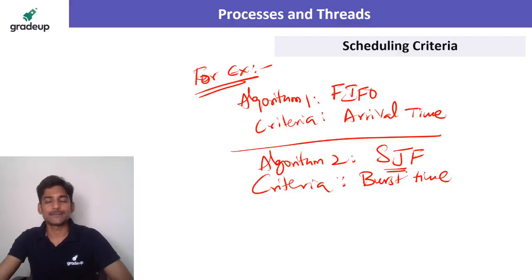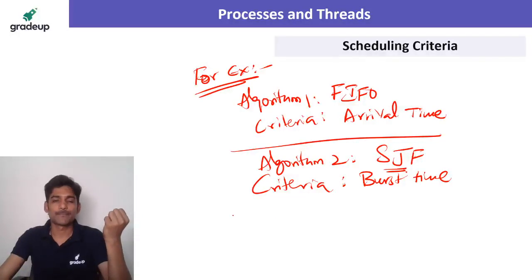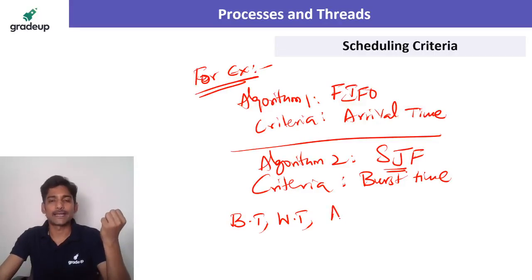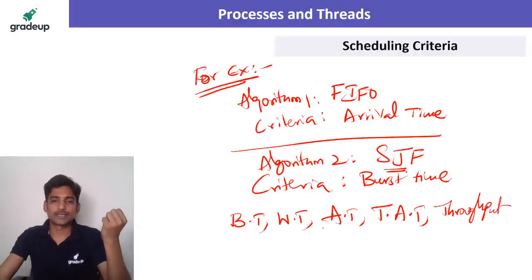So like this, one algorithm follows one or two criteria. Basically, scheduling criteria means these 5 parameters. What are they? Burst time, waiting time, arrival time, turnaround time, and throughput. These are the basic scheduling criteria.